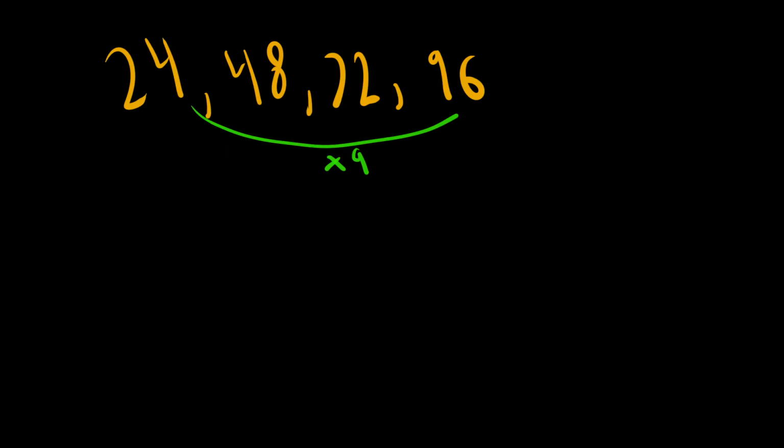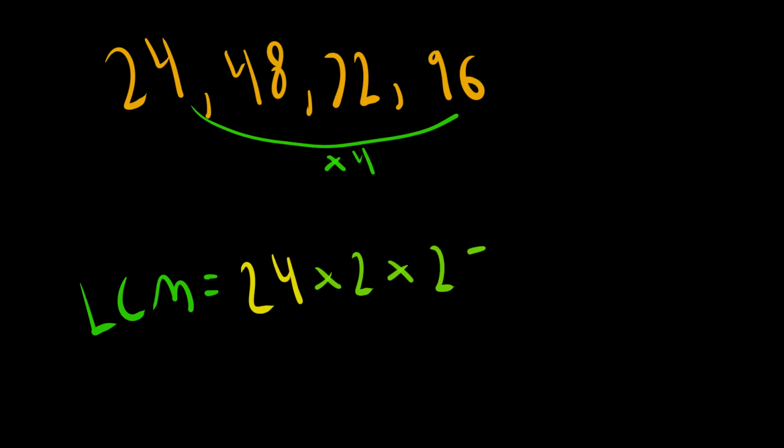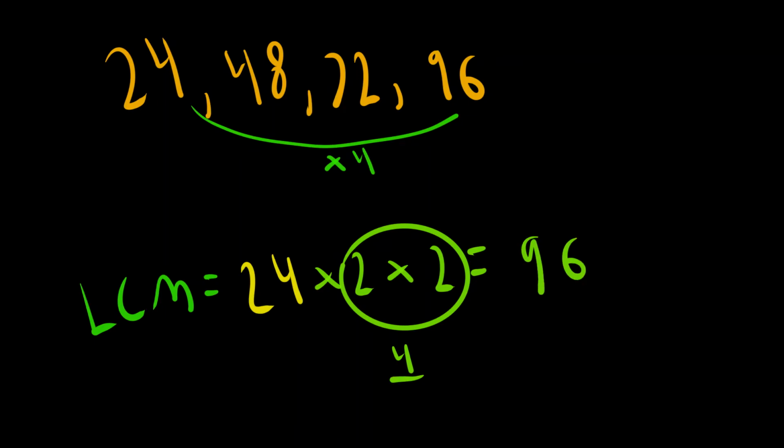Now the least common multiple of 24 and 96: taking their greatest common factor, and then the remaining factors that were left off from the grouping. So 24 times 4 is equal to 96. Now why is it so important that we follow this formula? Well, again, we don't want to draw some long lines.